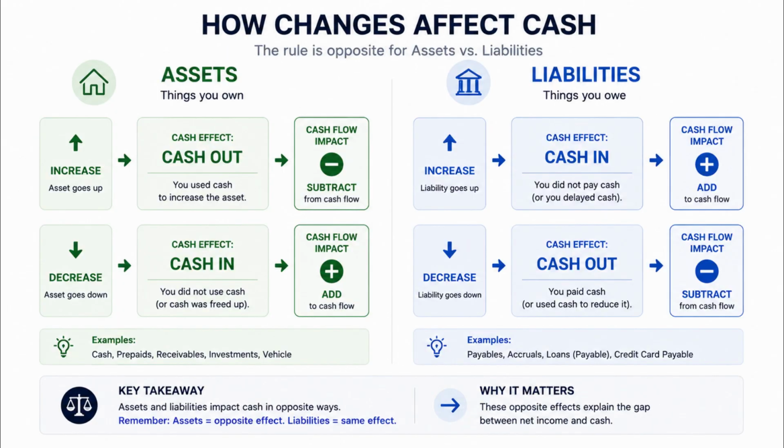Let's make this intuitive. If an asset increases, you used cash, so you need to subtract that from net income. If the asset decreases, you didn't use cash and you add it back to net income. If a liability increases, you didn't pay cash, and so you have to add this back to net income.